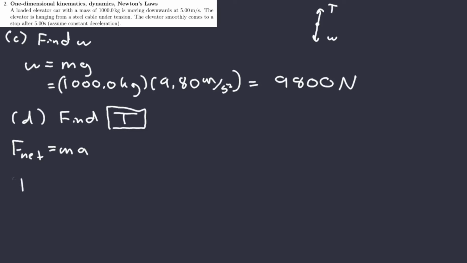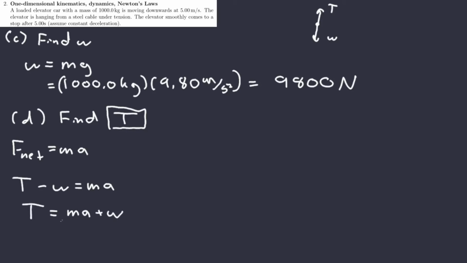So we've got a positive T and a negative W. T is going up, W is going down. This is our net force, and it's equal to ma. If we want to find T, we're going to add W to both sides so that T will be by itself.